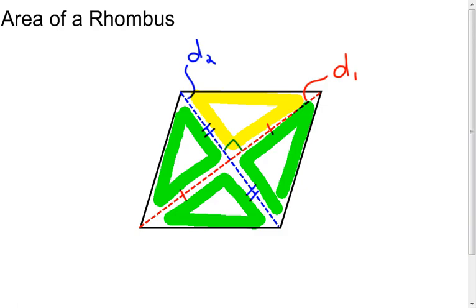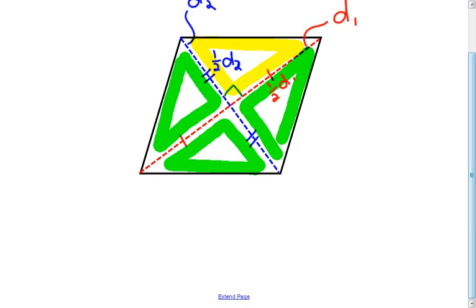Now I'll go back to your diagonals being bisected. Well, this length right here is going to be 1/2 the length of diagonal, oops, not 1, diagonal 2. And this length in the triangle is going to be 1/2 the length of diagonal 1. So now I look at it, I have a triangle. I know how to find the area of a triangle, 1/2 base times height.